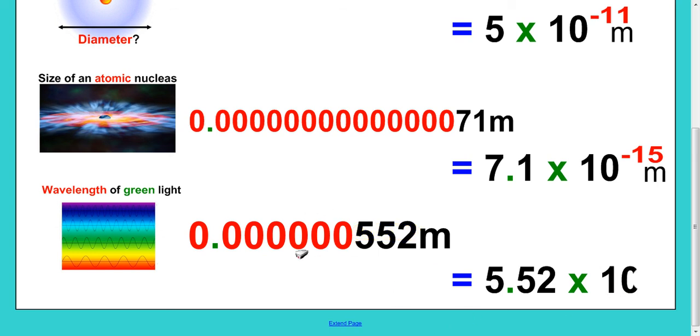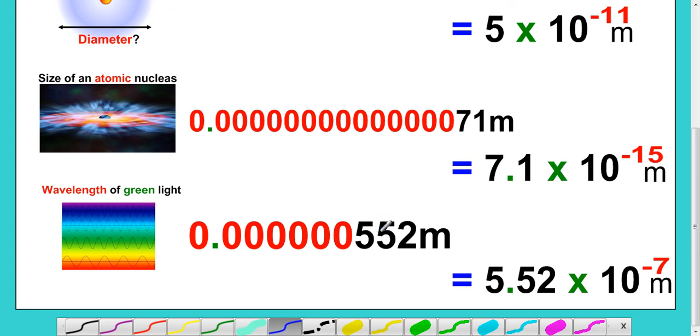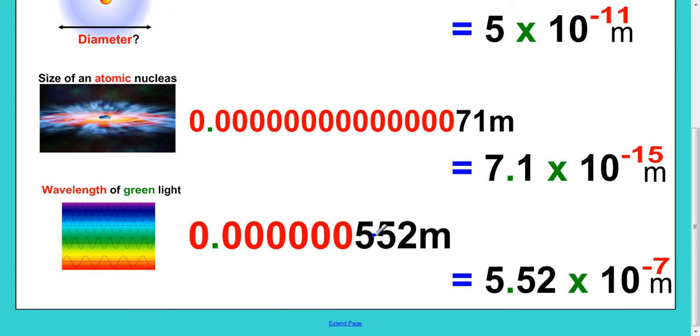Okay, let's just count the zeros. 1, 2, 3, 4, 5, 6, 7, so negative 7. Done. And if you don't like that method, you could put the decimal point in and count back. 1, 2, 3, 4, 5, 6, 7.